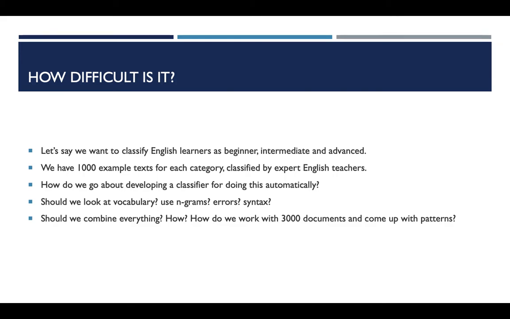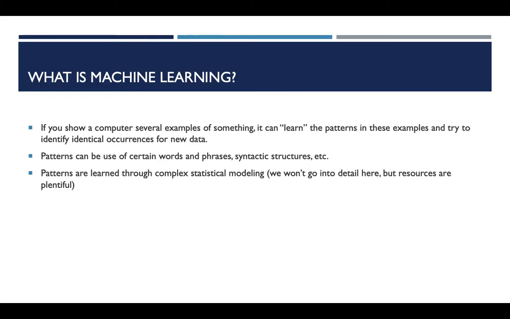And if so, how? And then how do we work with all those 3,000 documents and try to come up with patterns of their vocab use or their syntax use or error usage, whatever? How would we go through and find the patterns to make the computer be able to classify future texts automatically? So we use machine learning for this.